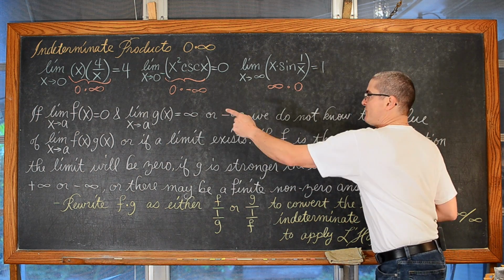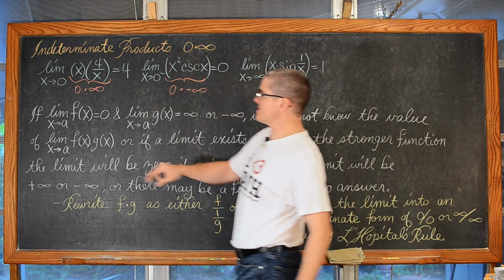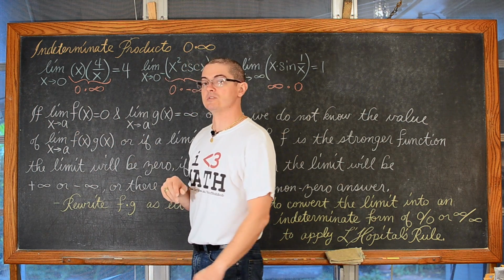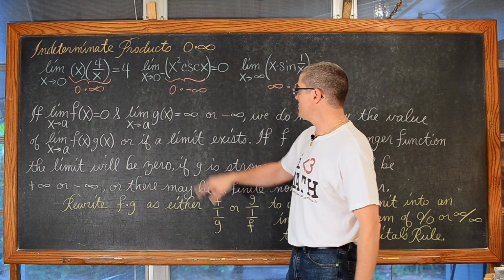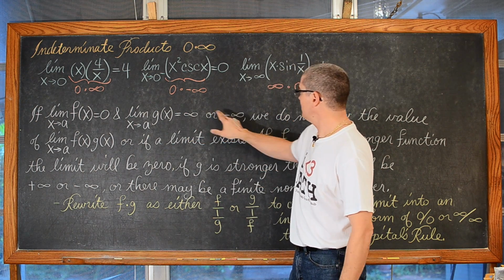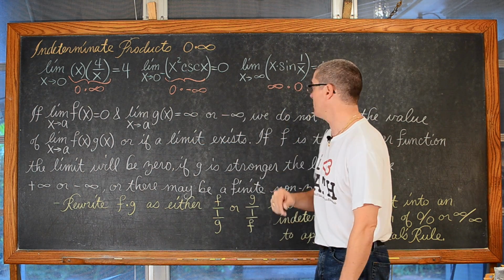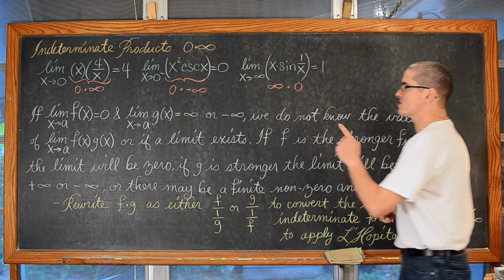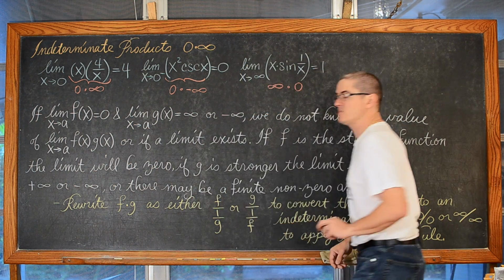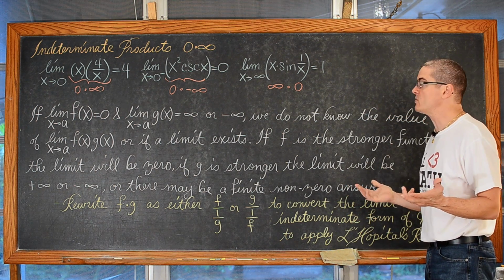So if the limit as x approaches a of f of x is equal to 0, and the limit as x approaches a of g of x is either infinity or negative infinity, as we have here, then we do not know the value of the limit as x approaches a of f of x times g of x, or even if it's going to exist.